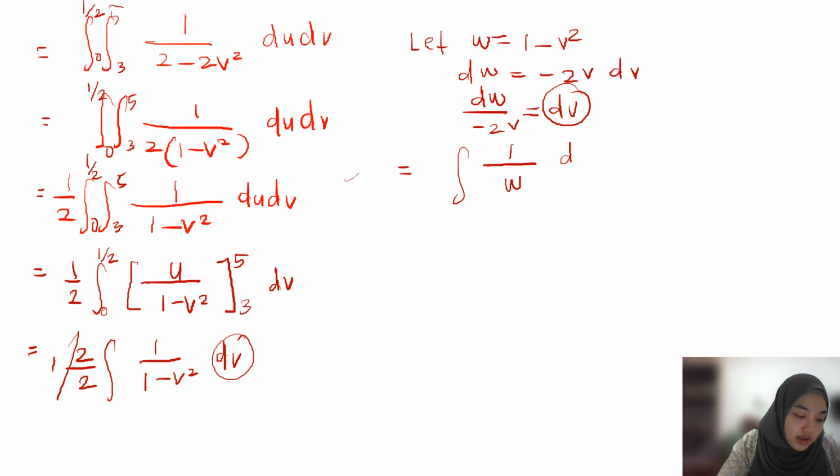Supposed to be we have v here. Why? Since our y over x is v, supposed to be we have v here, so u v. So this one is v, in order to cancel out v.